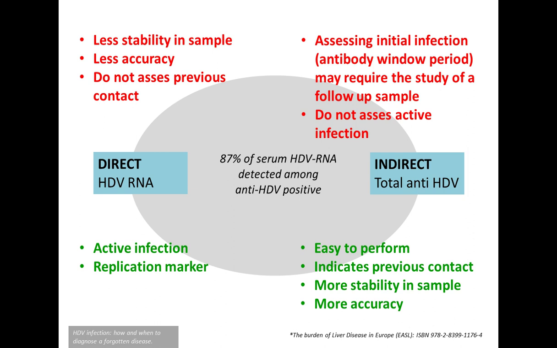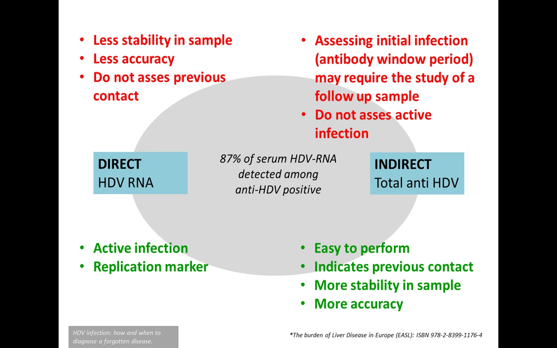So, regarding the two parameters that we can use for assessing Delta virus infection, what are the pros and the cons of using Delta RNA or total antibodies anti-Delta virus?